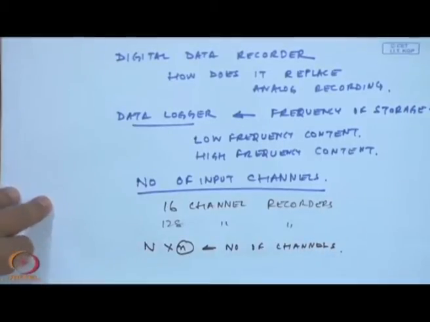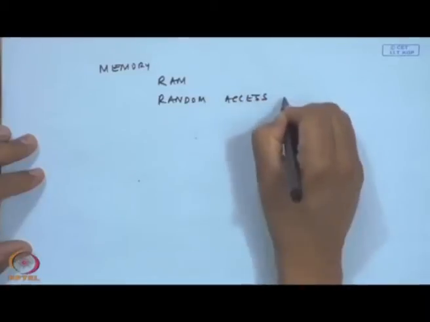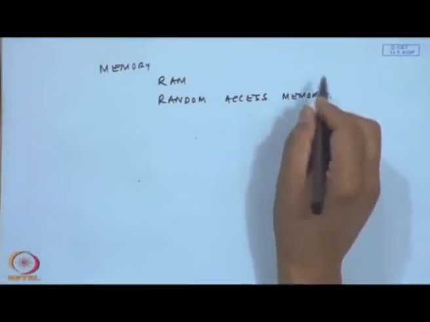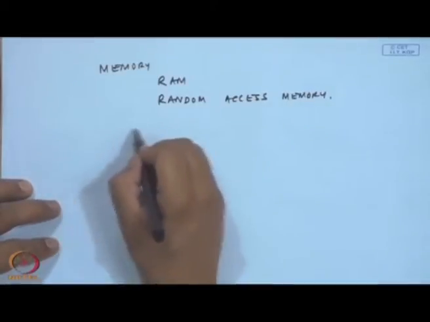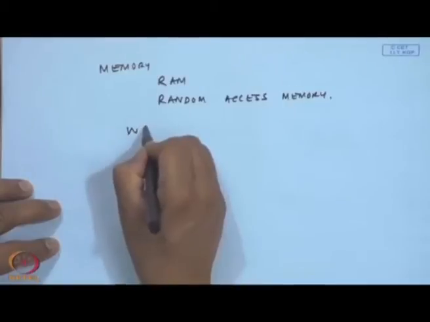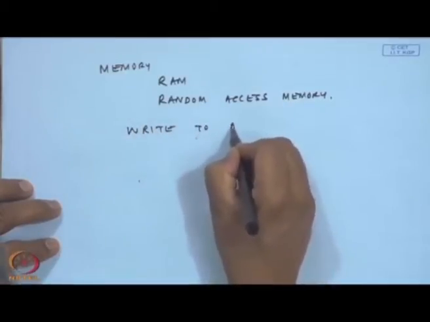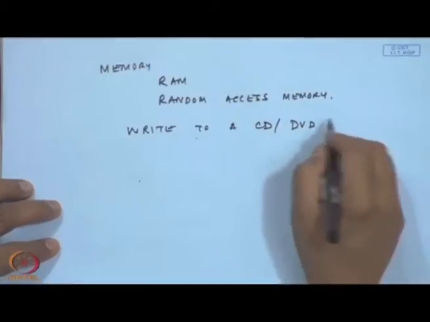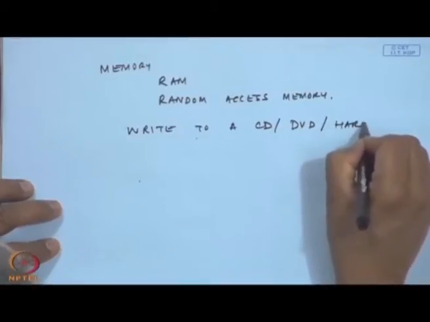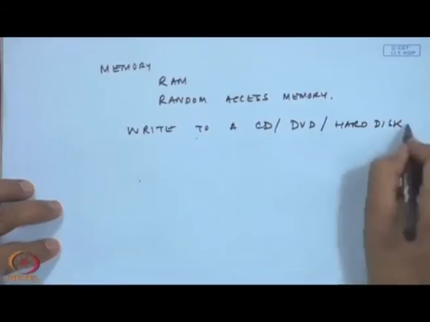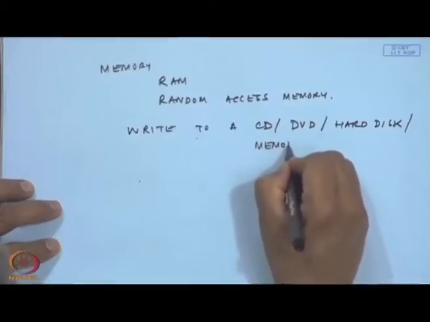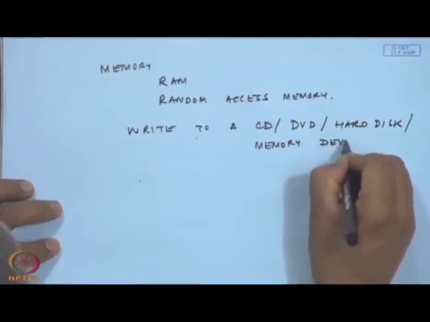And these data points have to be stored in a memory, which is RAM memory maybe, which could be erased, and then if you want to have a permanent record, you can write to a CD, DVD, okay, or even put it in your hard disk, or maybe also in a memory card or device.